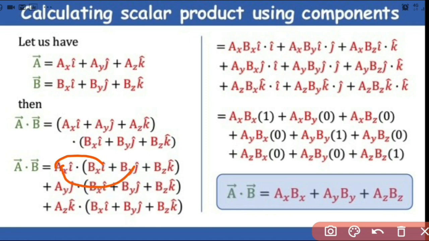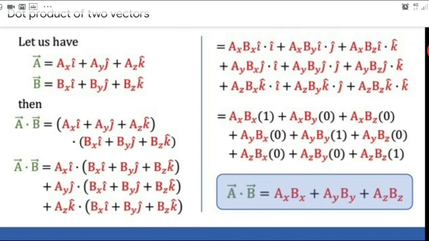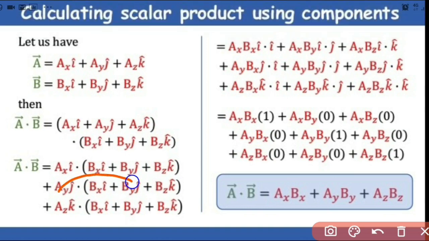Then AX BY i dot j, then AX BZ i dot k, plus AY BX j dot i, then AY BY j dot j, plus AY BZ j dot k, plus AZ BX k dot i, AZ BY k dot j, and AZ BZ k dot k.